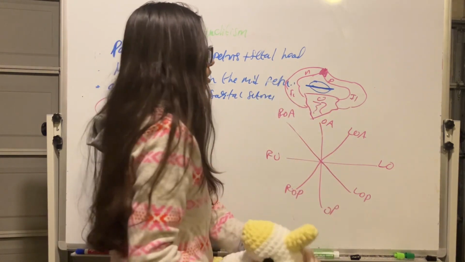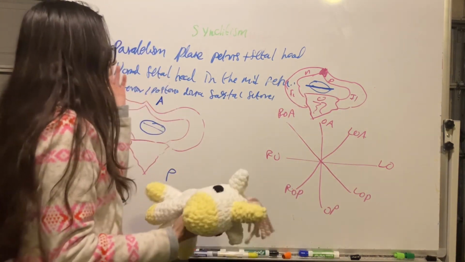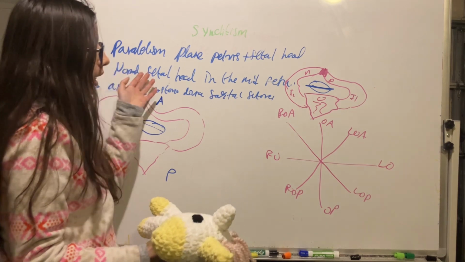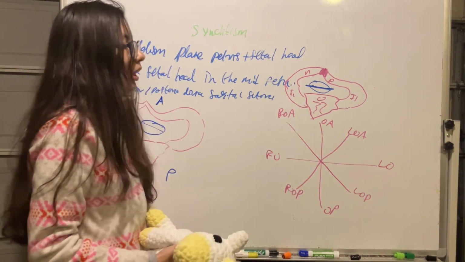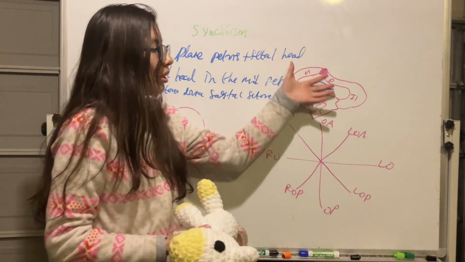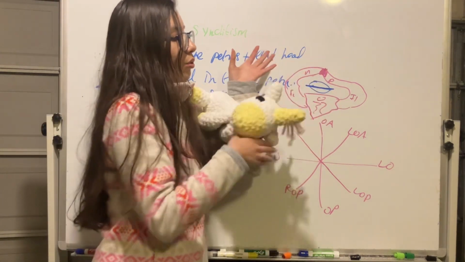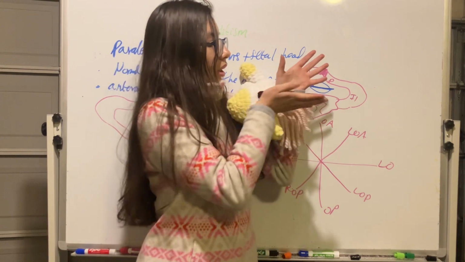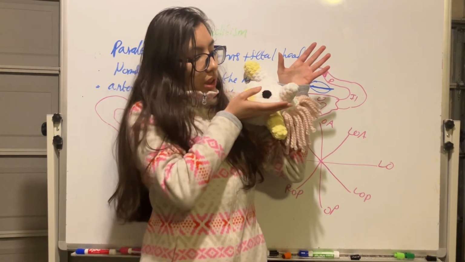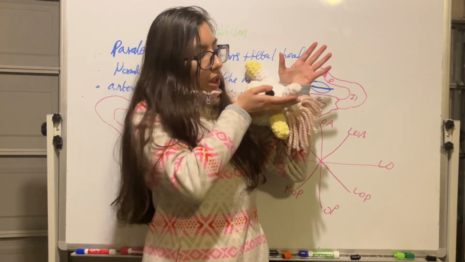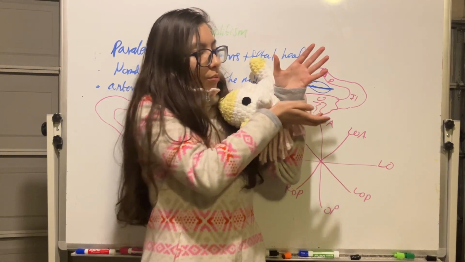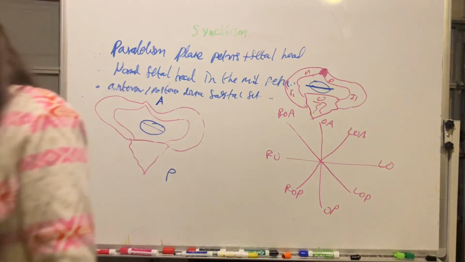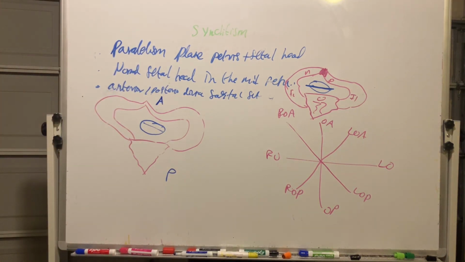So synclitism is a kind of parallelism between the plane of the pelvis and the fetal head. Instead of having the pelvis in this plane and the sagittal suture in this plane, the sagittal suture is tilted anteriorly or posteriorly, making a kind of parallelism with the pelvis. And obviously this makes the delivery more soft.